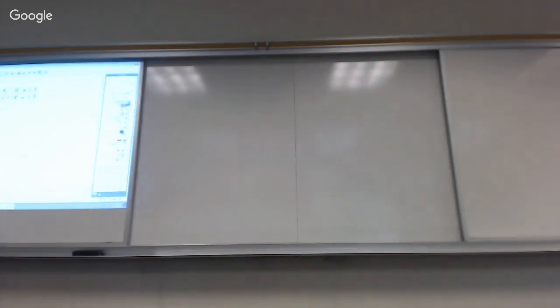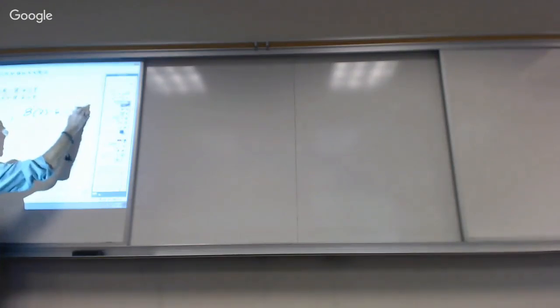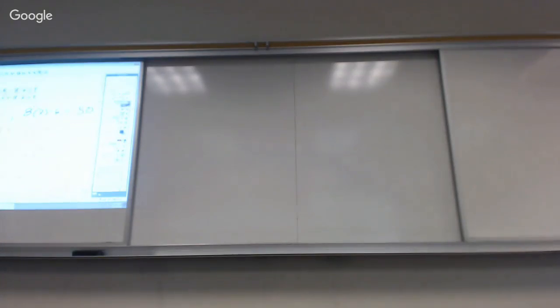If x is 7, the top part is 8 times 7 minus 6. That's 56 minus 6, which is 50. So if x is 7, the top part says y should be 50.